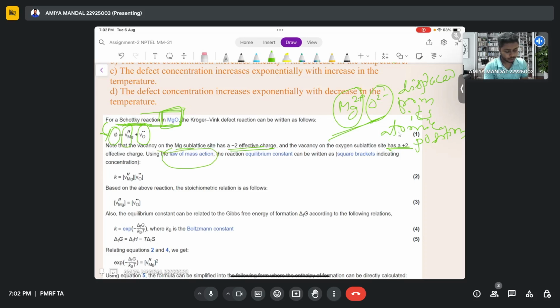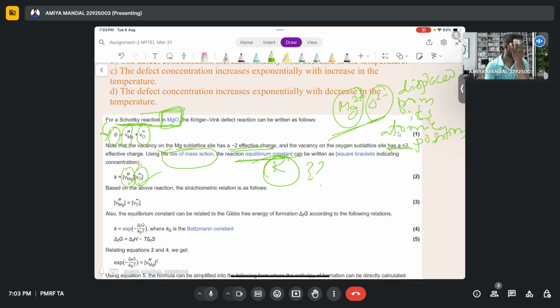After using the law of mass action, we know it consists of an equilibrium constant, denoted by K. So what will be the equilibrium constant? It is nothing but the multiplication of the concentration of each vacancy, meaning the cation vacancy concentration and the oxygen vacancy concentration.